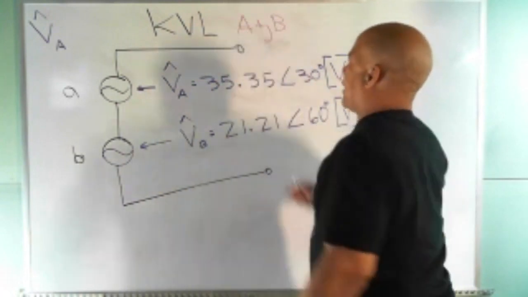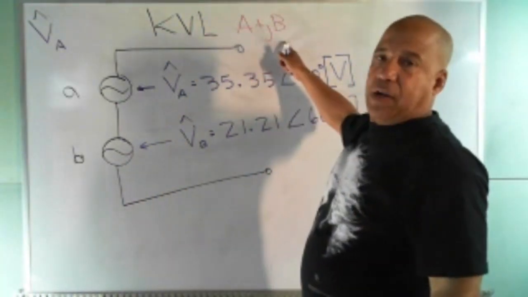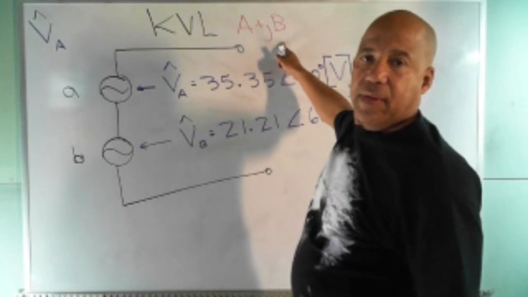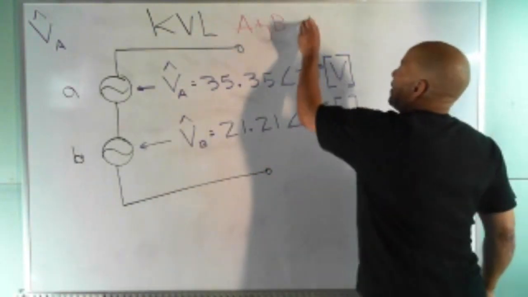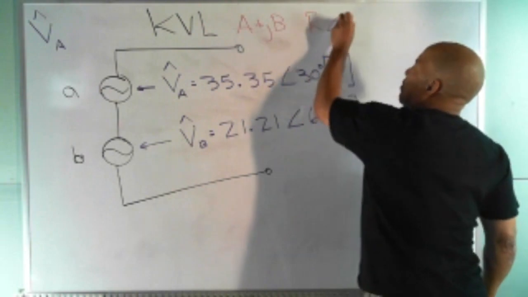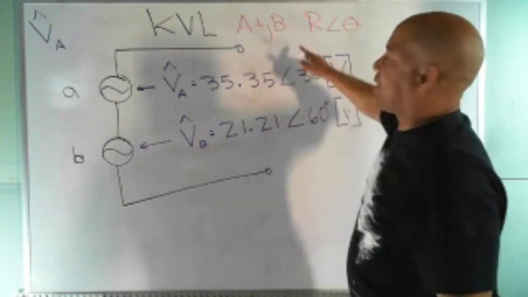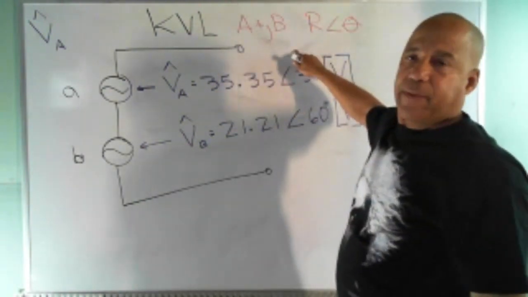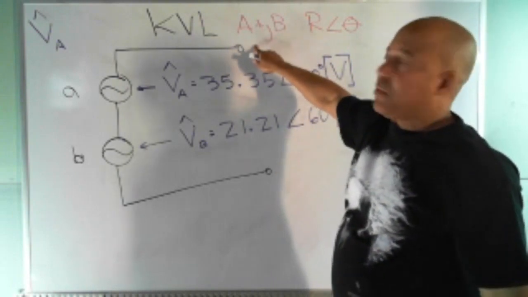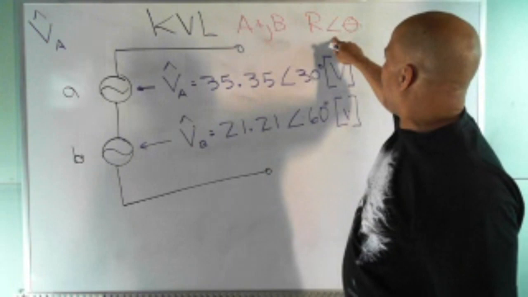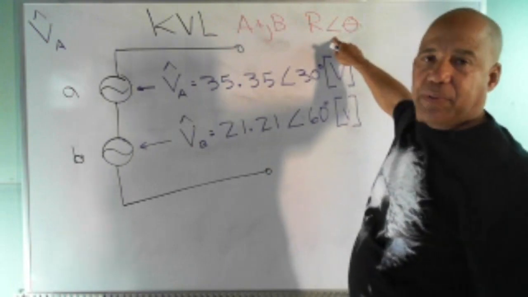So you tell me how far over and up to go, that's rectangular form. But the other way to write a complex number is you give me a radius vector and an angle, and I can still get to that same complex number in the complex plane. So I can write it this way, that's the rectangular form of a complex number. I can write it this way, that's the polar form of a complex number.